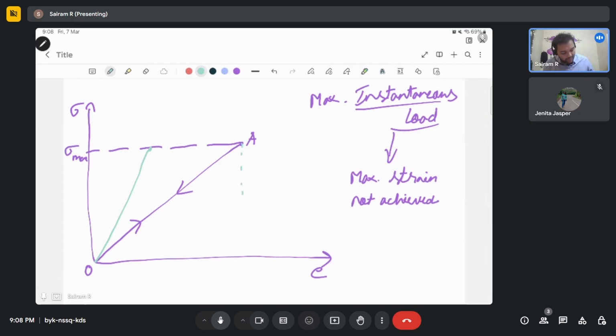Let's say this strain is epsilon I. This strain under adiabatic conditions is epsilon A.